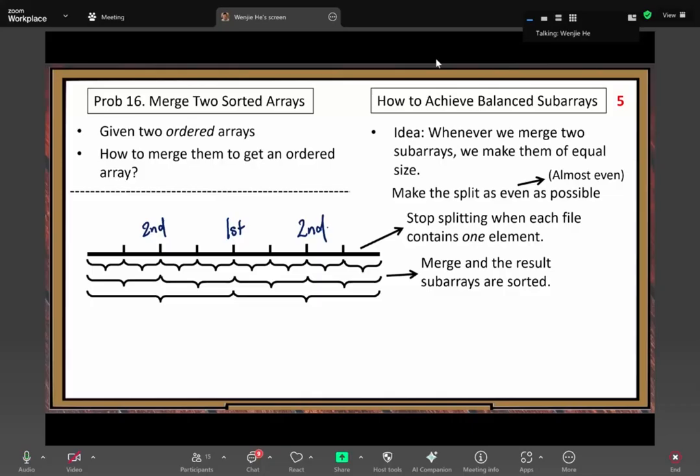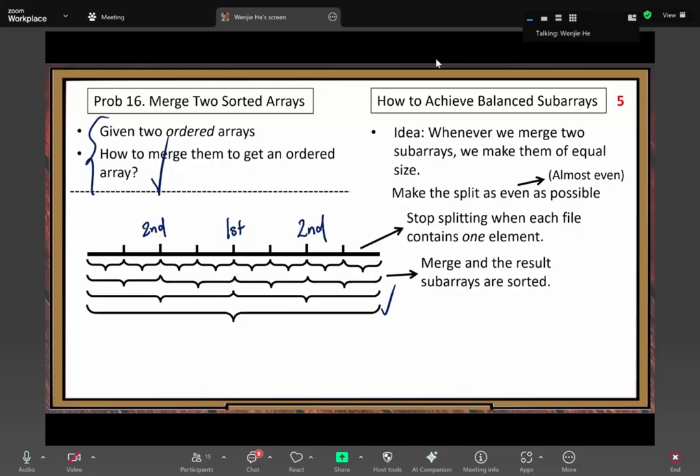Keep doing. In the last round, you merge. Suppose we have this operation to merge two ordered subarrays. After the last round, we get the whole array sorted. That's the merge sort idea.